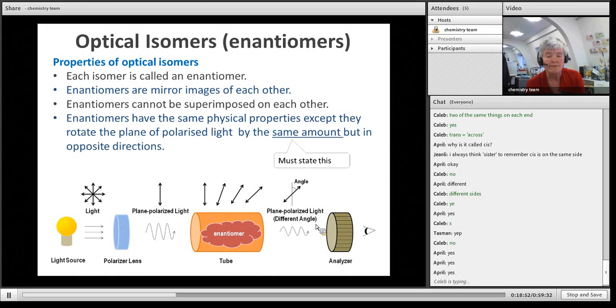If you have a mixture of enantiomers, separating them can be done in a number of ways. Normally the easiest is to use natural products like enzymes and so on, because your body is very specific to a particular enantiomer.